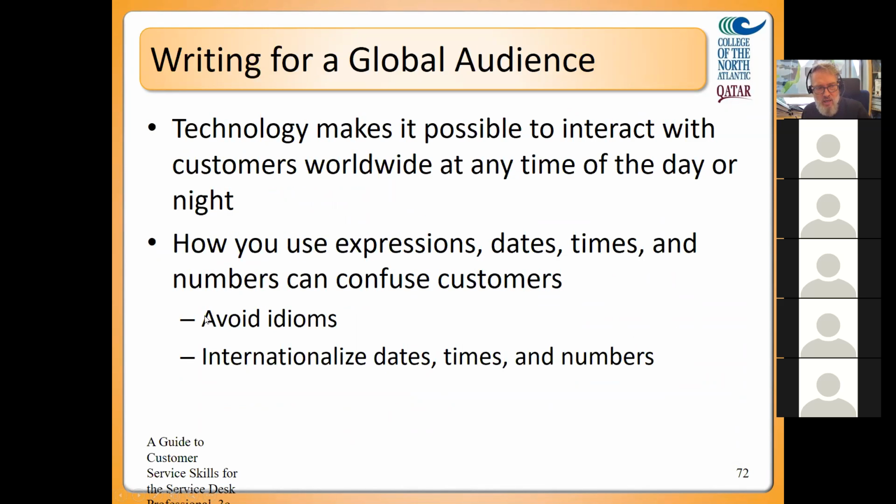Okay. You know what I mean by idioms there. Little expressions that are understood in a very narrow cultural base. So what I mean by that is we have the English language, which is spoken by people all around the world.